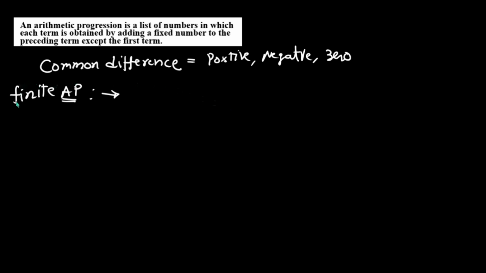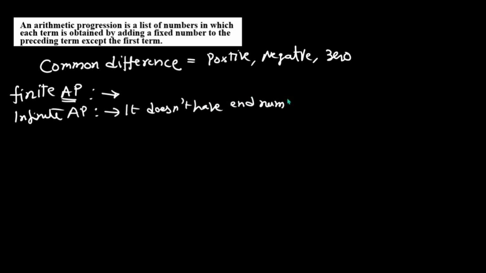But what is an infinite arithmetic progression? It means it does not have an end number. That we call the infinite arithmetic progression.